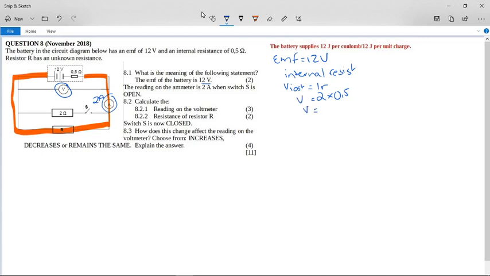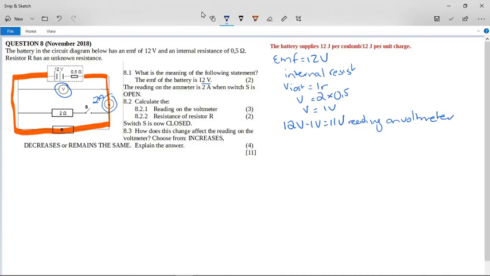So V lost equals 1 volt. So inside the battery, 1 volt of the potential difference is being used up, but the battery can supply 12 volts. So 12 volts minus 1 volt gives you 11 volts, which will be the reading on the voltmeter, because it is telling you what is going on in your external circuit.